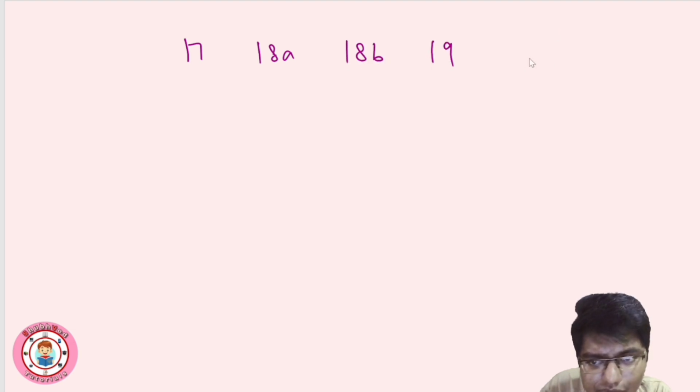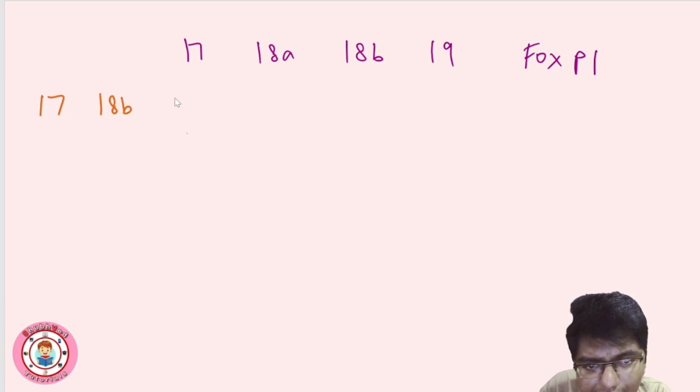This is FOXP1. In the first case, 17, 18B and 19 in stem cells.